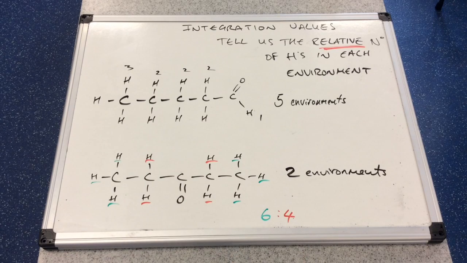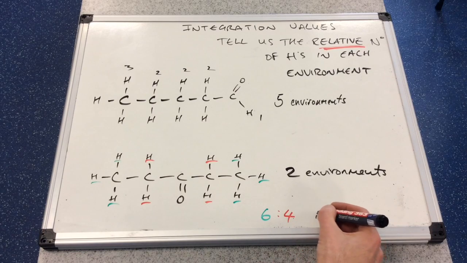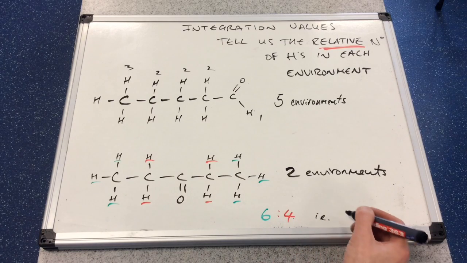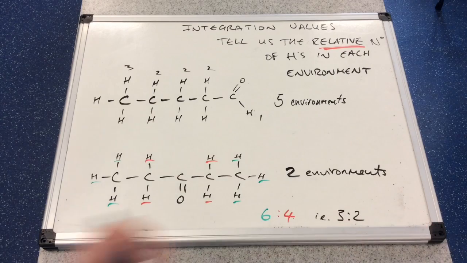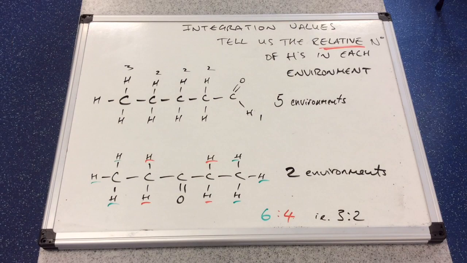So we need to be careful that we don't automatically assume that the peak area is the actual number of protons in the molecule. So I'll go back to this statement here: the integration values tell us the relative number of hydrogens in each environment.